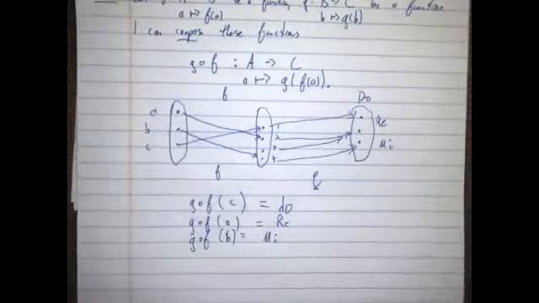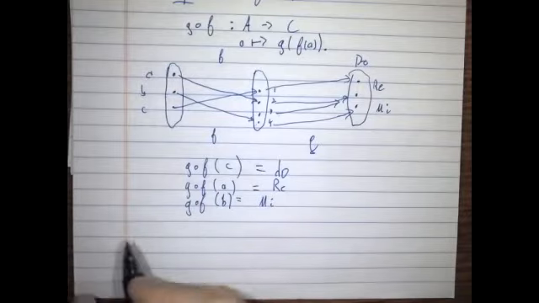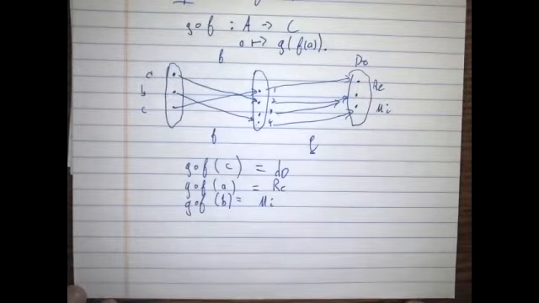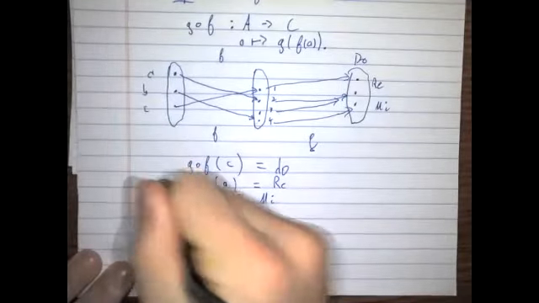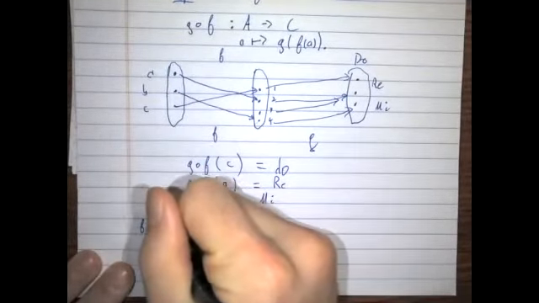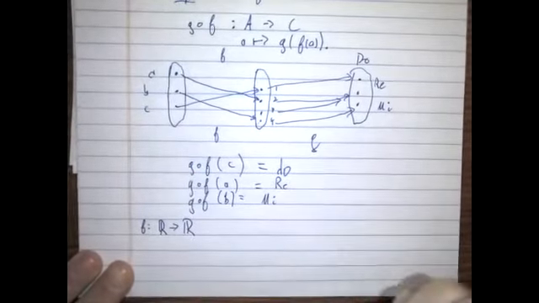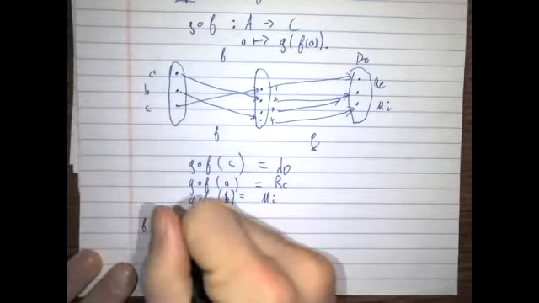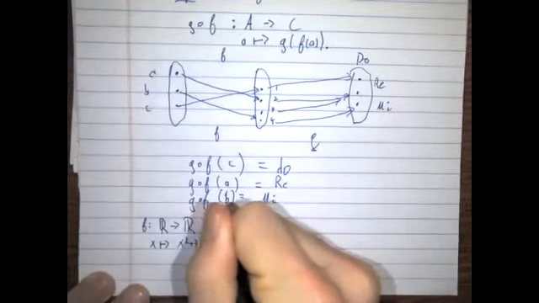Okay. I want to also point out that function composition is something that you're very comfortable with when it's in the context of functions from the real numbers to the real numbers, for instance. So let's let f be the function from the real numbers to the real numbers, which is defined by x maps to x squared plus 3x plus 2.